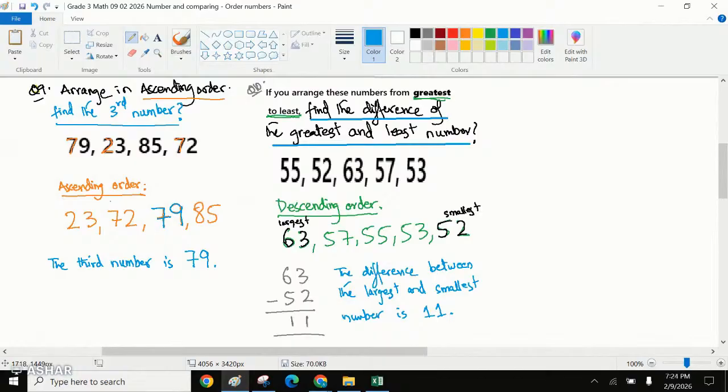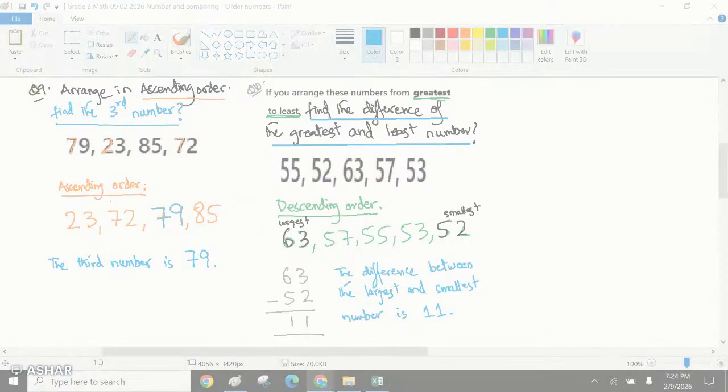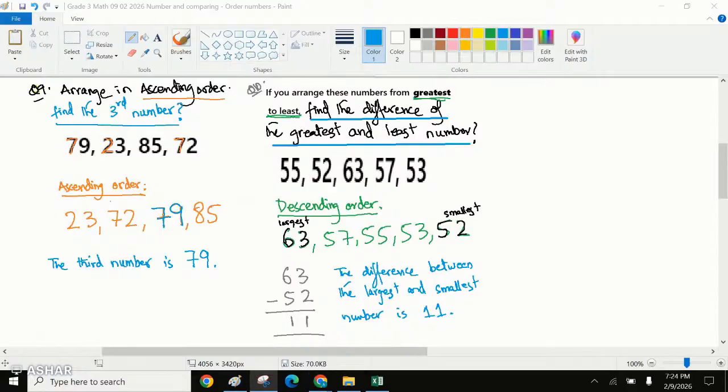Inspiration, focus over here, please. I know that you can give the answer. If you arrange these numbers from greatest to the least, which number will come fourth?